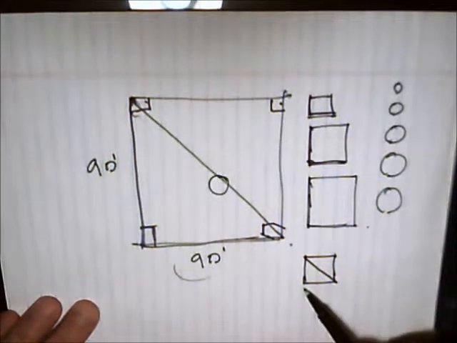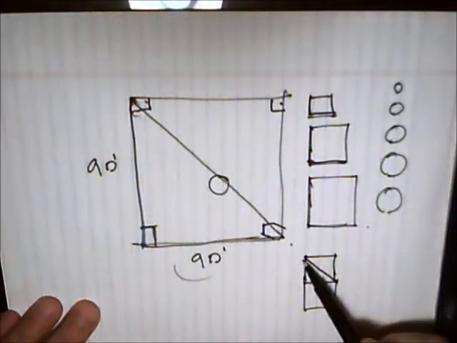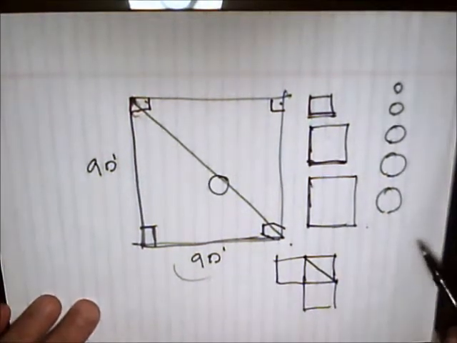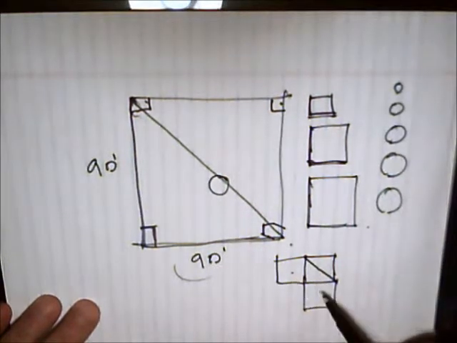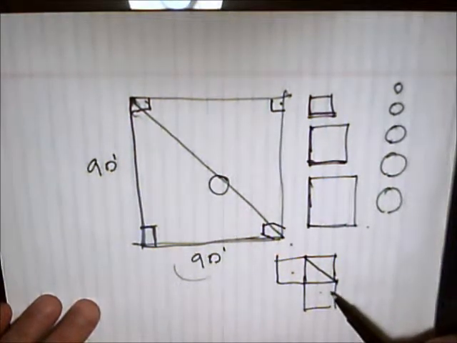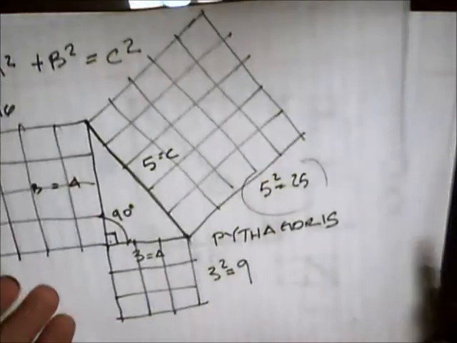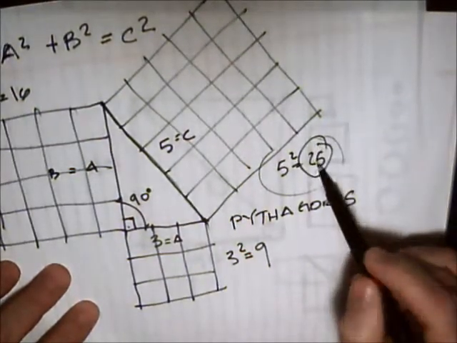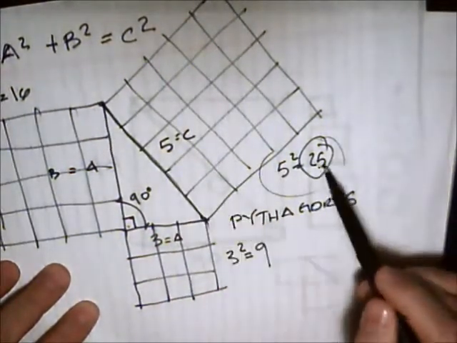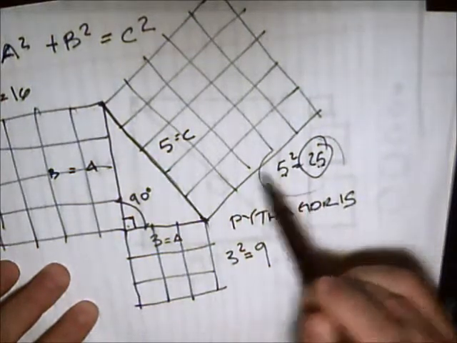Now, if it's 1 by 1, 1 squared is 1, plus 1 squared is 1. 1 plus 1 is 2. Right? Right. Remember, if we were working backwards, we got the 25, and we wanted to know the length, we took the square root of 25 and got 5.